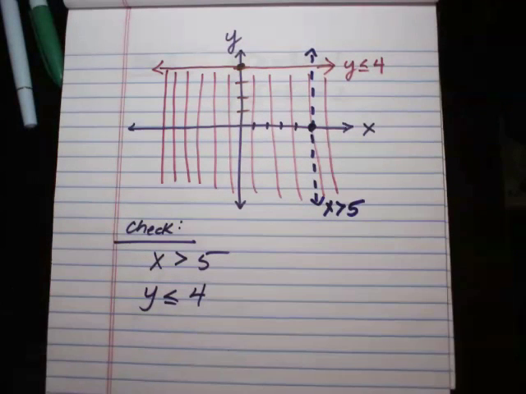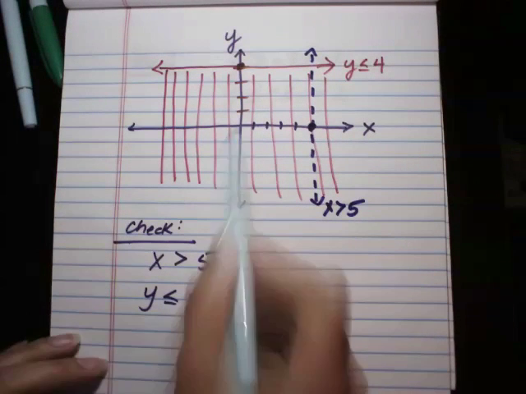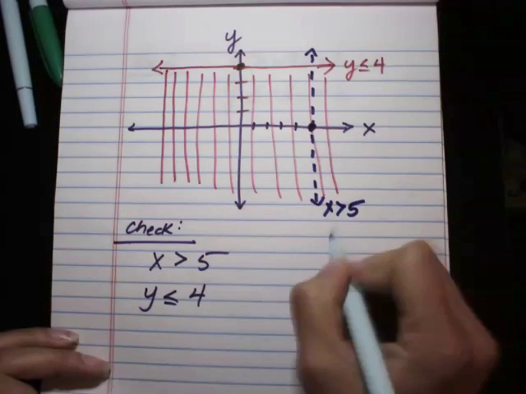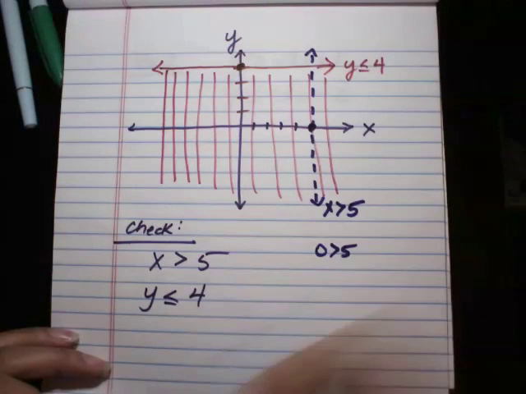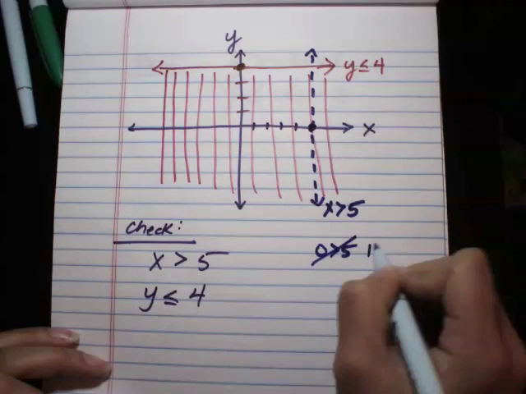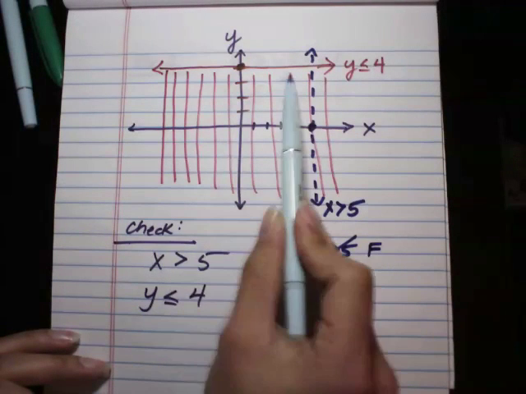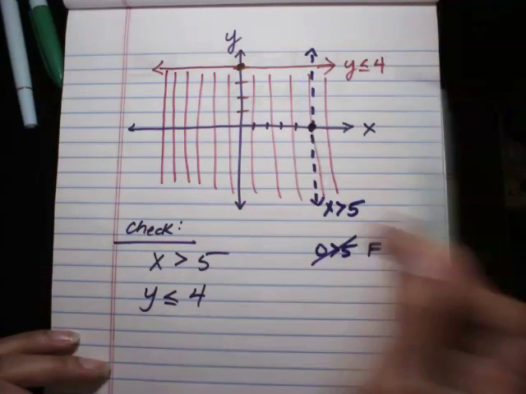Of course, we now need to take care of our shading. Let's test a point, and again, I would like to test 0, 0. If you put in 0 for x, 0 is greater than 5. Is that true? No, it's not. That is false. So you're not going to be shading in the left side, you're going to be shading in the right side.